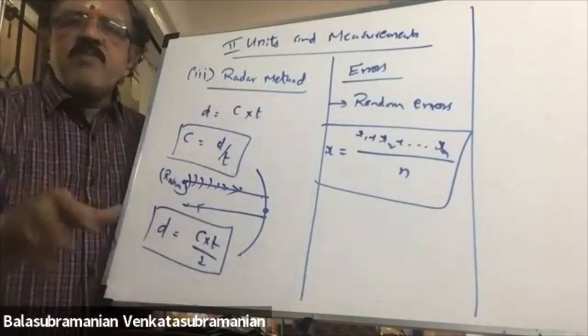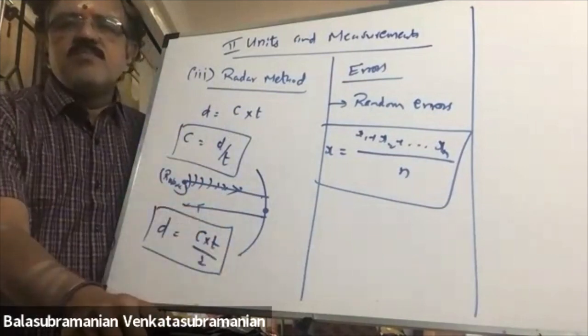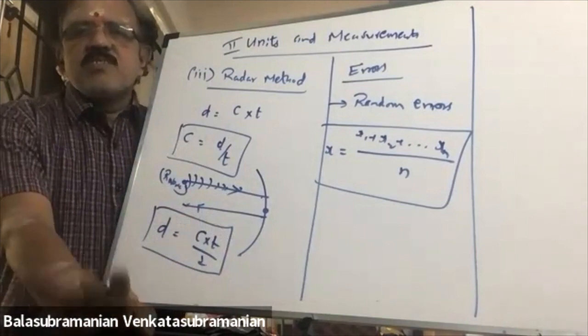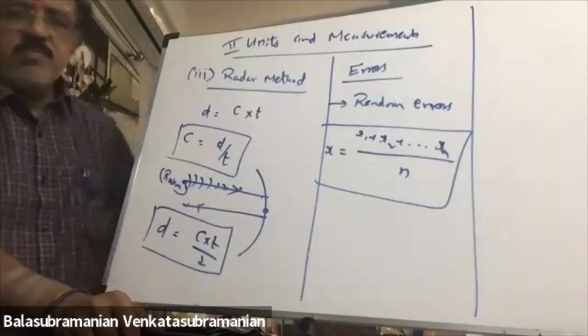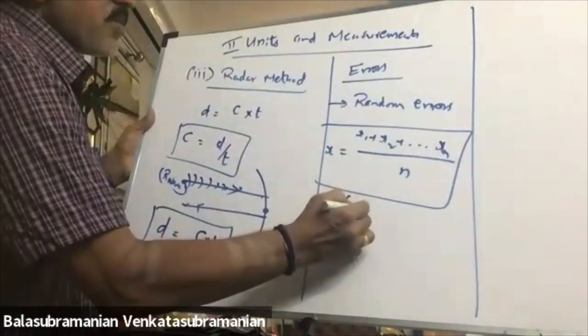So take so many values, take the average. That value is closer to the correct value. It may not be accurate, but precise. Okay. Random errors.